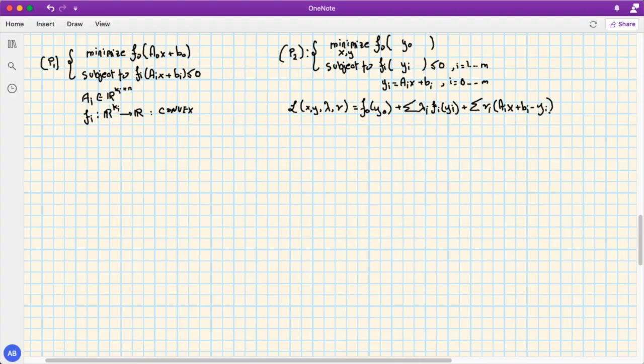Okay, i going from 0 till m, and over here from 1 till m.